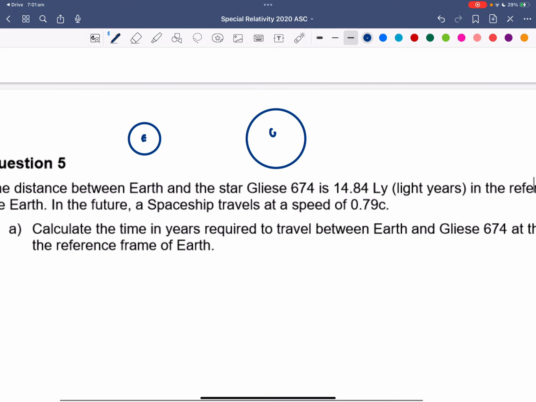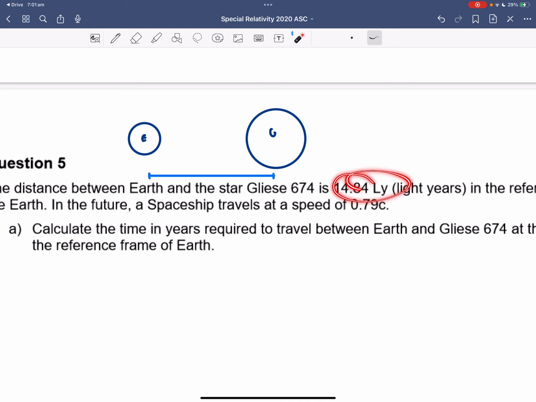Now remember, the distance between them is space. I always like to think of space as a piece of string. So the distance between Earth and Gliese, we'll assume center to center distance. Technically, the radiuses of these don't really matter because this is a very, very big distance. So this piece of string is 14.84 light years long, according to Earth.